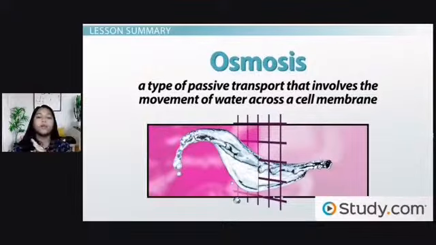If you can remember, in a hypertonic solution, the cell would shrink. Mag-shrink yung inyong cell. In a hypotonic solution, the cell would swell. Okay, so swell, lalaki siya. In an isotonic solution, there is no change. Okay, no net movement. May movement, pero hindi masyado yung change dahil equal lamang yung amount ng solutes inside and outside of the cell. So that's osmosis.